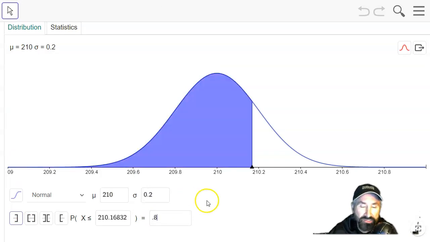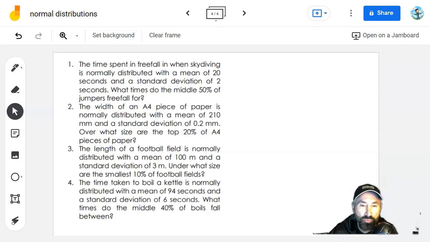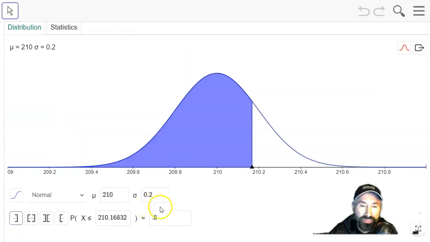And what that is telling us is that the top 20% pieces of paper, according to this problem, would be above 210.16 or 0.17 millimeters. That's what it would be.